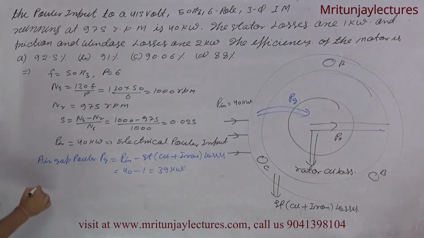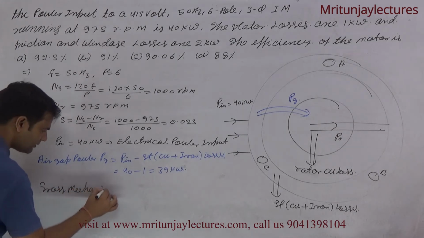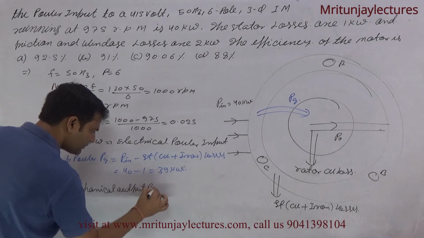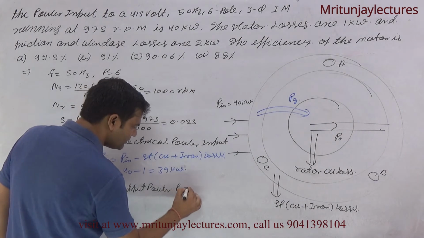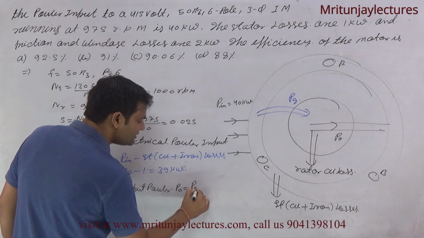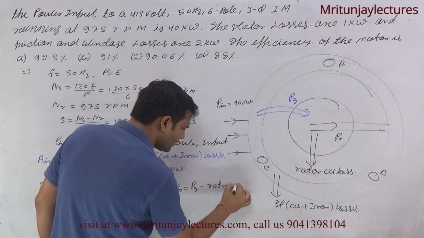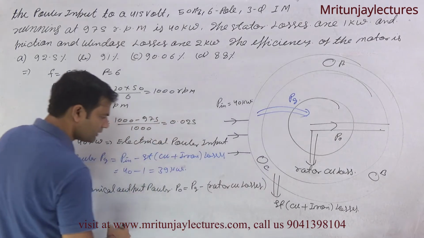What about P0? P0 is called gross mechanical output power. P0 is equal to PG minus rotor copper loss. Okay.